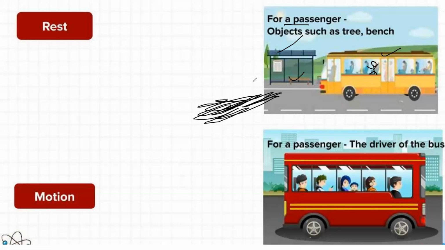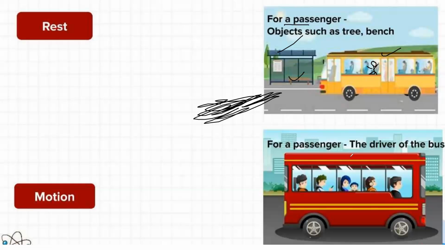So these things you feel like they're moving. These things are moving, not you are moving. It feels so. If you are an observer, then these things are in motion for you, but exactly you are in motion, not these things.